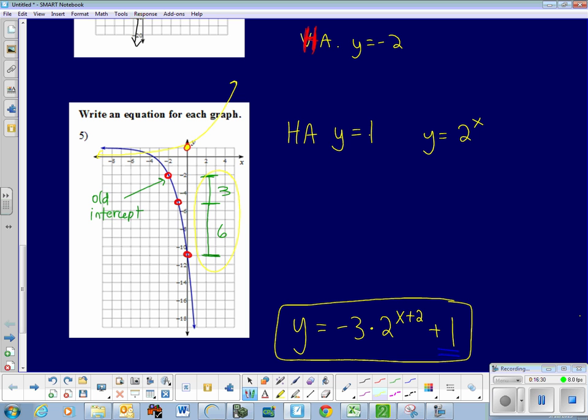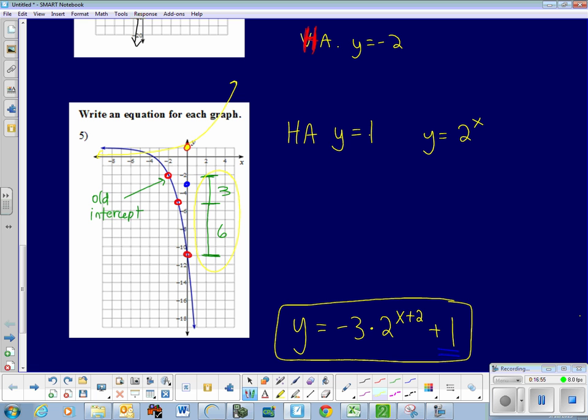The new horizontal asymptote is 1, so I know this thing has a +1 on the end. If you know this used to be the intercept, that means it had to be moved up 1 and left 2, which means it was here 1 step ago. It went left 2 because it went from the axis over to -2, and it went up 1 because we know the whole thing is shifted up 1.